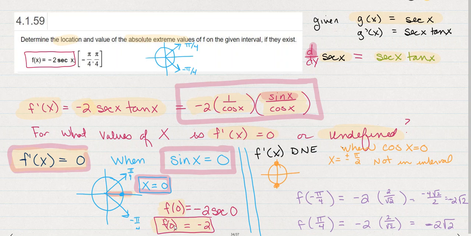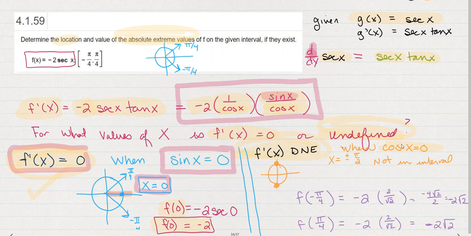Let's continue our investigation of finding extremes by looking at where this first derivative is undefined. Because the absolute extreme, which is what we're looking for, happens either when the derivative is 0 or when it's undefined. We already did the equal to 0. Now we'll look at where it is undefined. It's undefined when the denominator, the cosine of x, is 0.